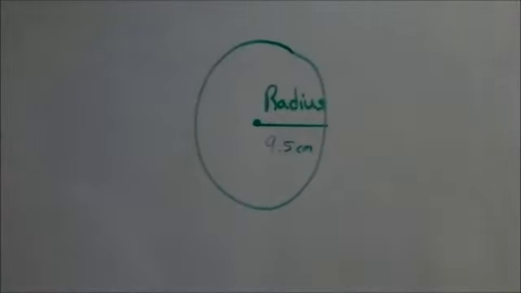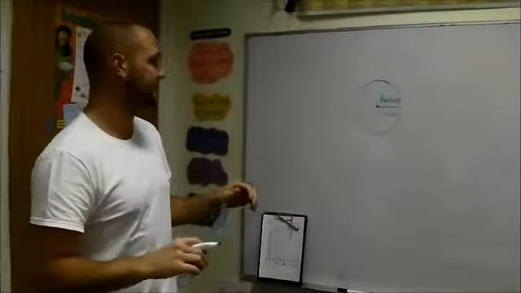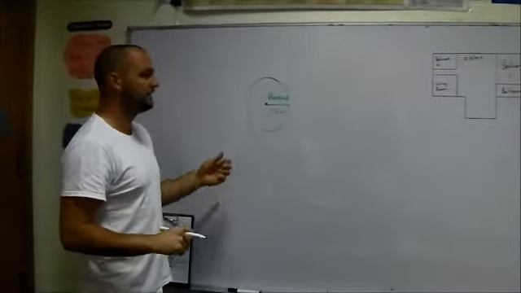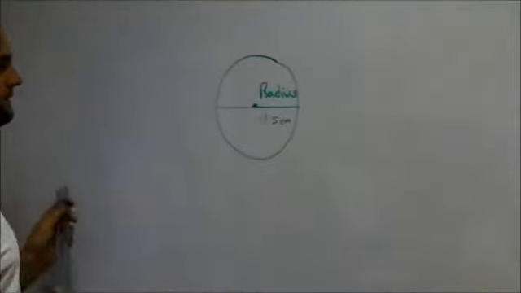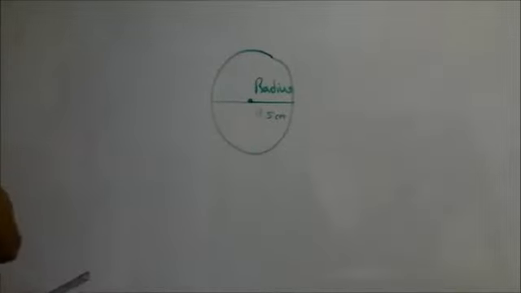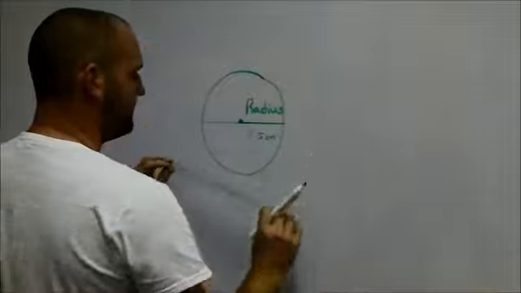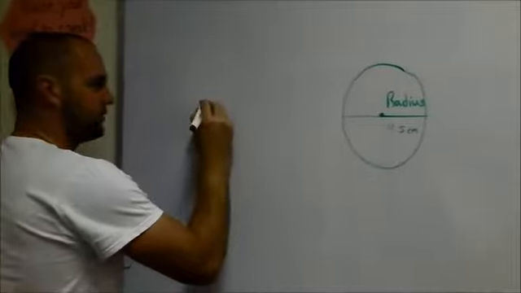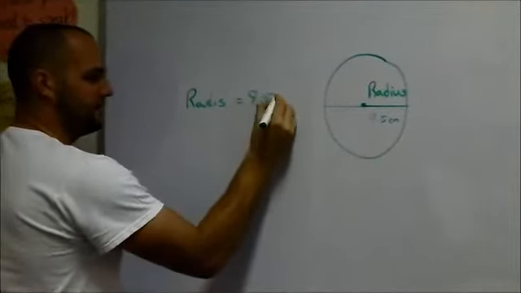Now, we talked about center point, we talked about radius, and we talked about a diameter. A diameter goes all the way across the circle. How could I figure out the diameter? Well, I could measure it. That's one way. But there's another way. The radius equals 9.5.